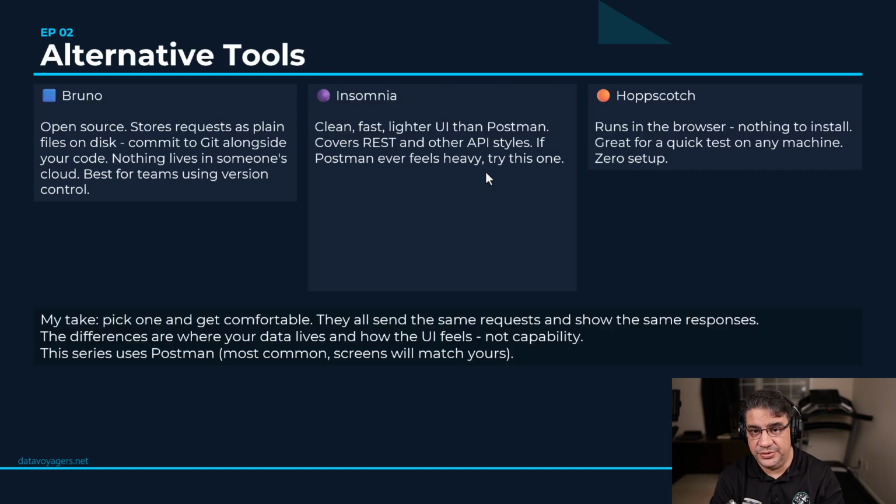Okay. What other tools are there? There are many REST API client tools. Bruno is one that I have worked with before. It's very nice. You can work on-prem. You have to install it on your machine. So it's very good. It's not my favorite one, but it's good. Insomnia and Hopscotch, I never use those, but those are popular ones.